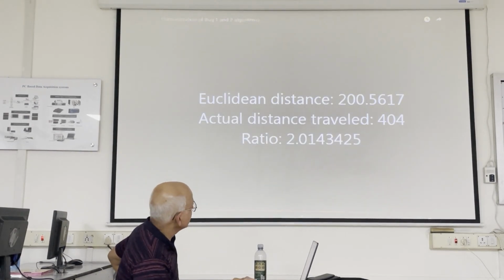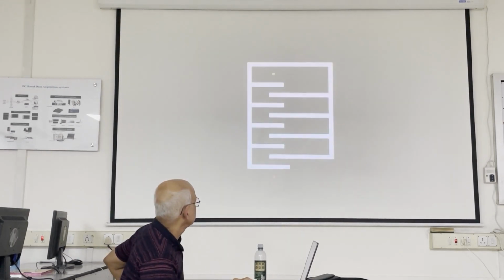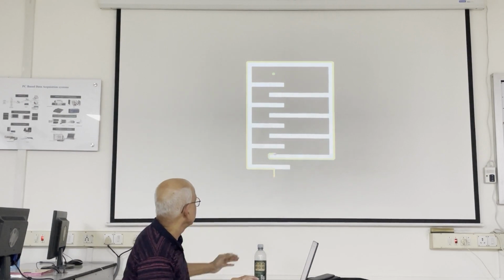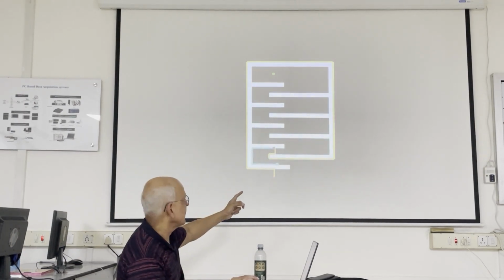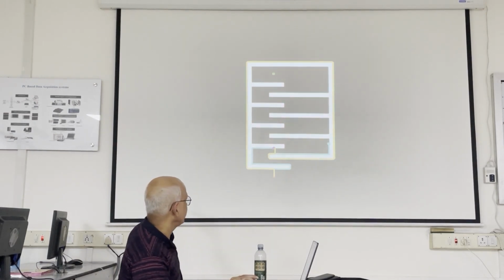Now, bug 2 layout 2. Yeah. So it's going to work off the straight line. Look what happens there. That's part of the algorithm, right? You have to go left when it intersects the line, and it's going left.